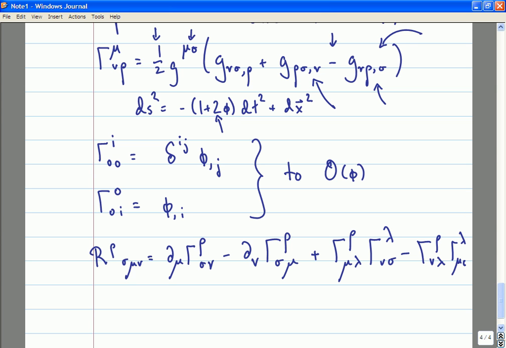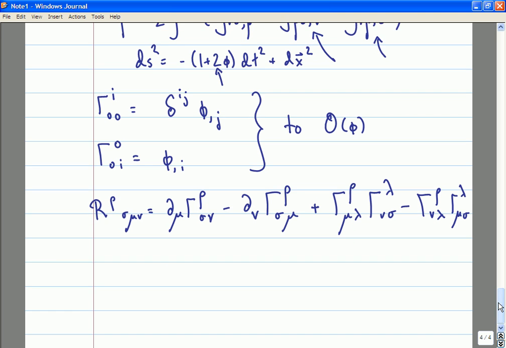The first thing I want you to notice when you stare at this equation is that the terms involving the square of the Christoffel symbol will only contribute at order phi squared. So we can forget about them for the time being. They're important, of course, but when we're working to leading order in phi, these will only give you terms of order phi squared.